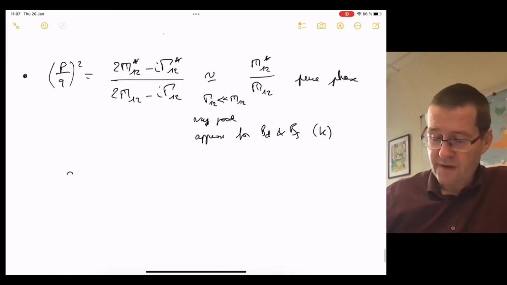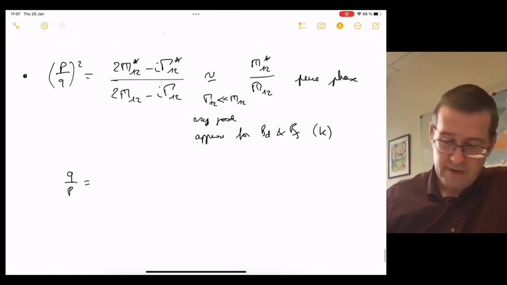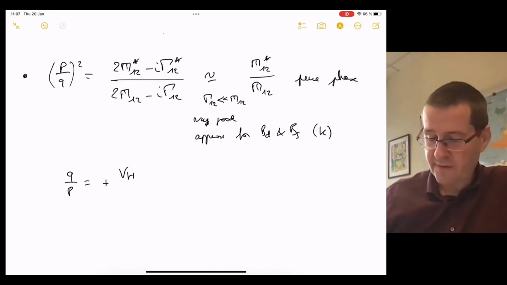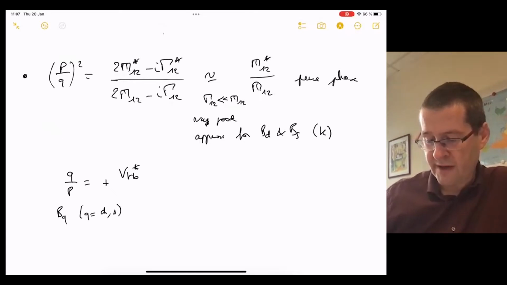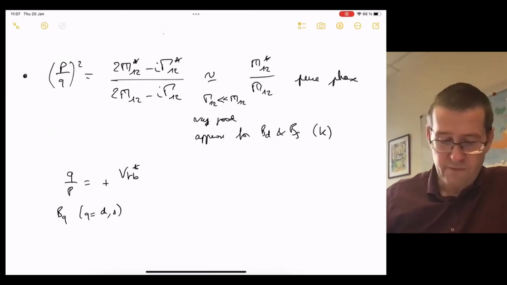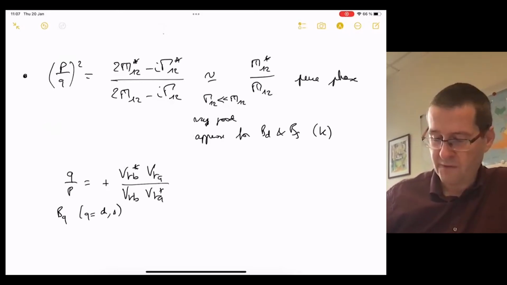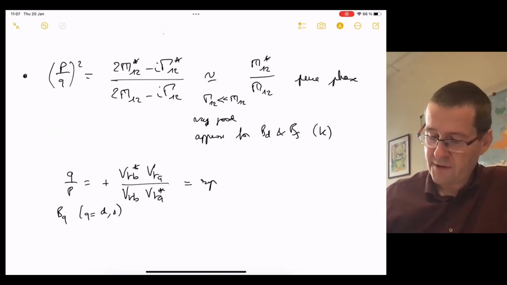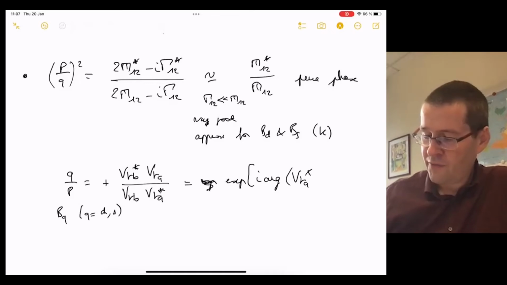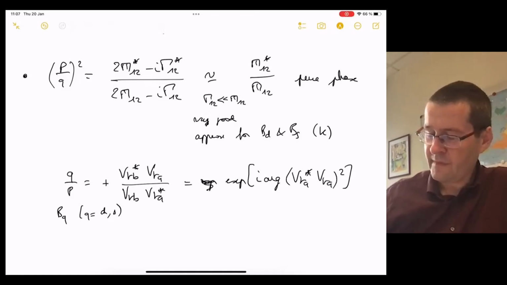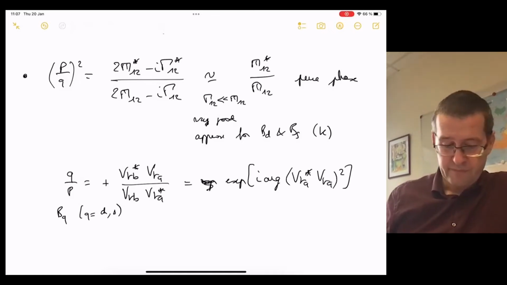And so what you have in the end, when you do the algebra, is that, for instance, for B_q, so q equal d or s, this ratio is just V_tb star V_tq over V_tb V_tq star. It's just related to the exponential of the product of matrix elements.